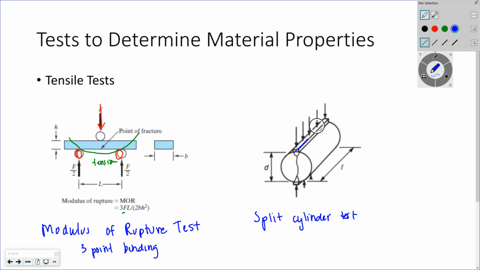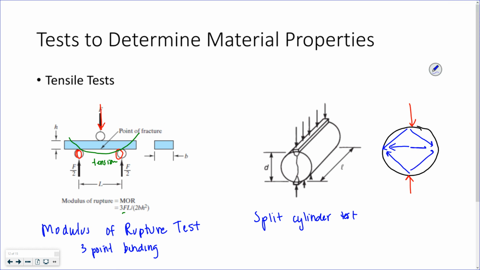If you look at the cross section, you have your load, your other load. The flow of the forces is like that. The resultants look like that.